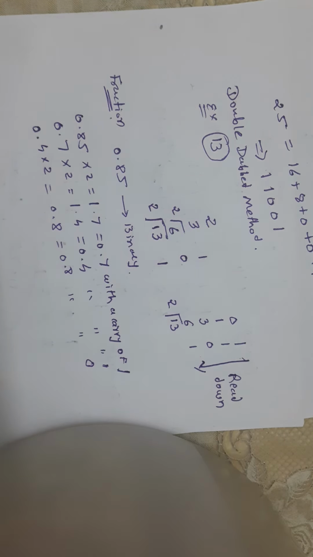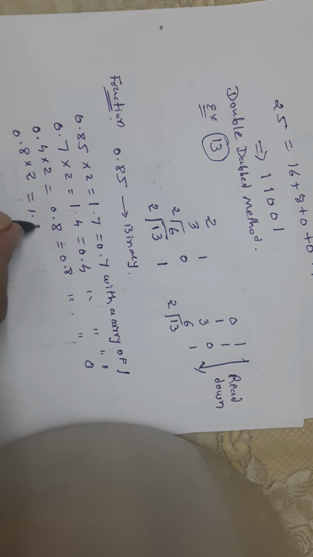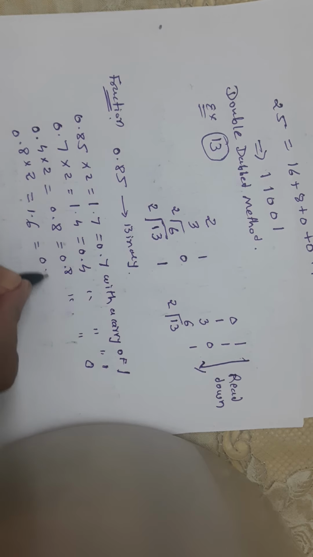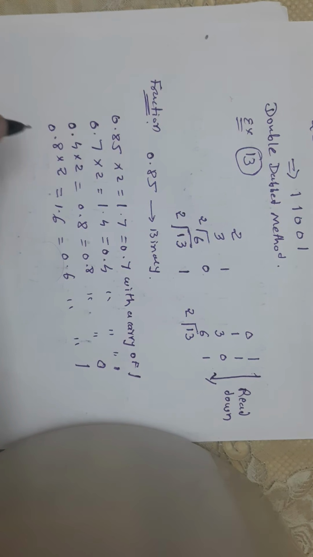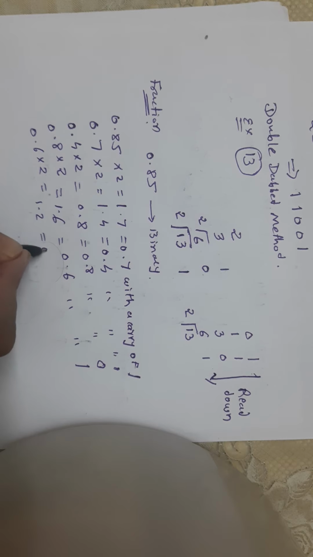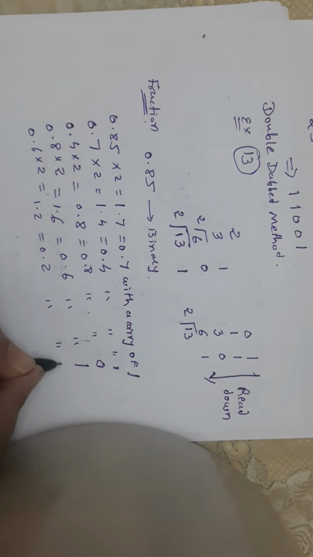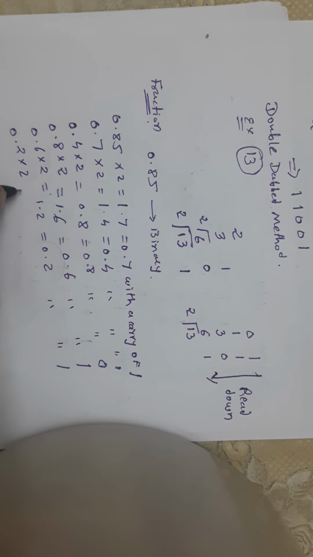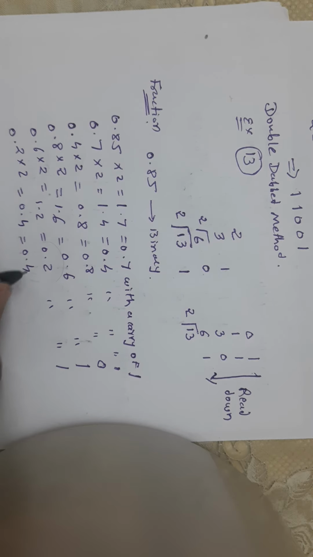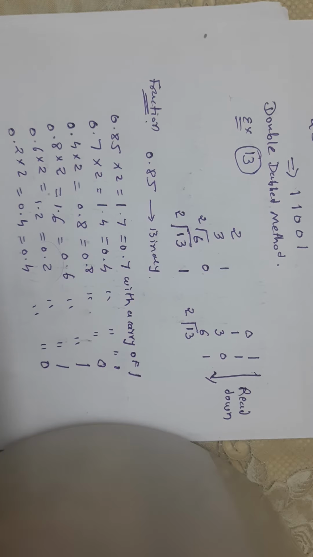Again 0.8 into 2 is 1.6, equal to 0.6 with a carry of 1. 0.6 into 2 is 1.2, 0.2 with a carry of 1, and the last one 0.2 into 2 is 0.4, with a carry of 0.